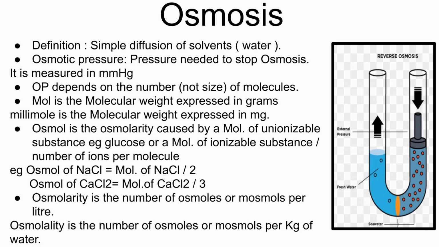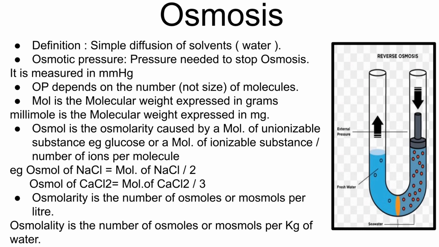Fifthly, osmole is the osmotic force caused by a mole of unionizable substances. All moles of unionizable substances contain the same number of molecules, so they will have the same osmotic force.